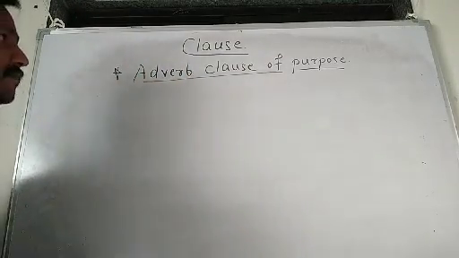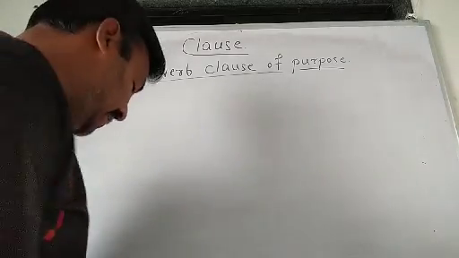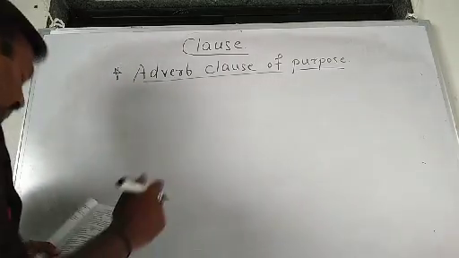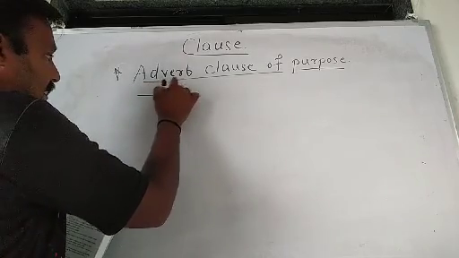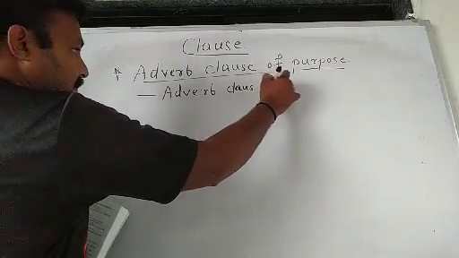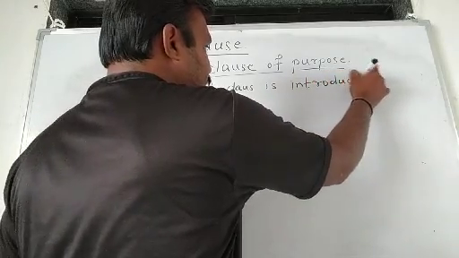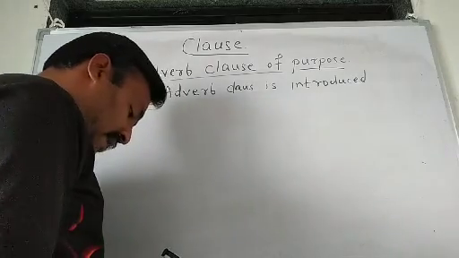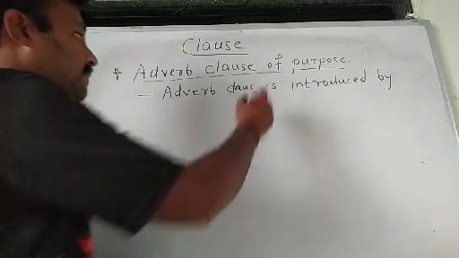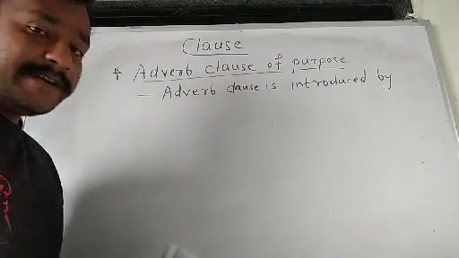So here, adverb clause of purpose. This is the fourth type of adverb clause, and we will see how to identify an adverb clause of purpose from sentences. The adverb clause is introduced by... which adverb clause?